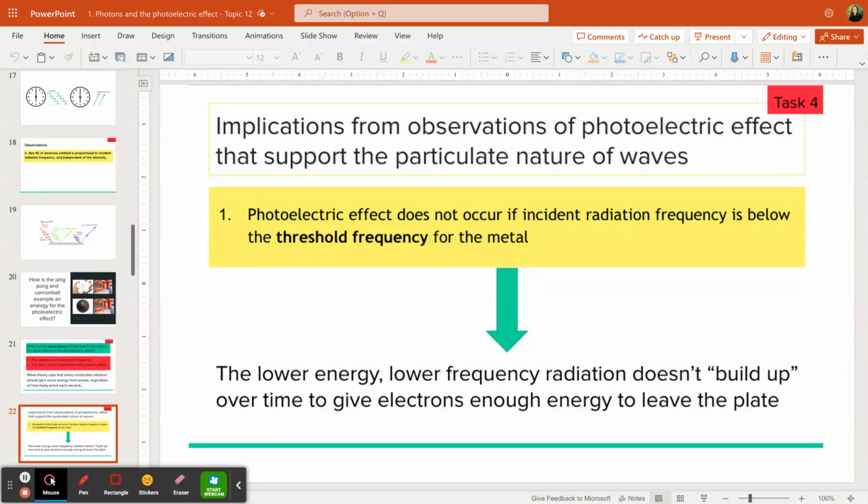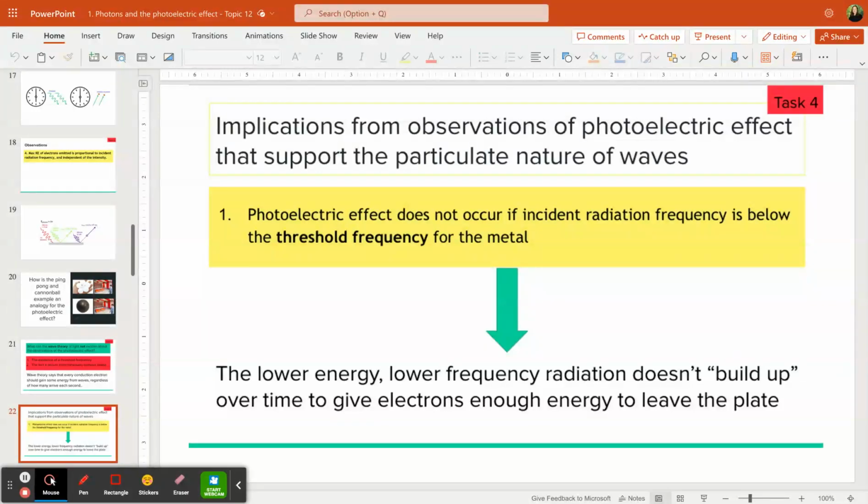Okay, so there are some implications, things that we have figured out based on what we've seen when we've done the photoelectric effect. Observation number 1 was that the photoelectric effect just doesn't even occur. Doesn't matter how long I shine low frequency light, it just does not cause electrons to be emitted. That implies that there is no building up of wave energy over time to give electrons enough energy to leave the plate.